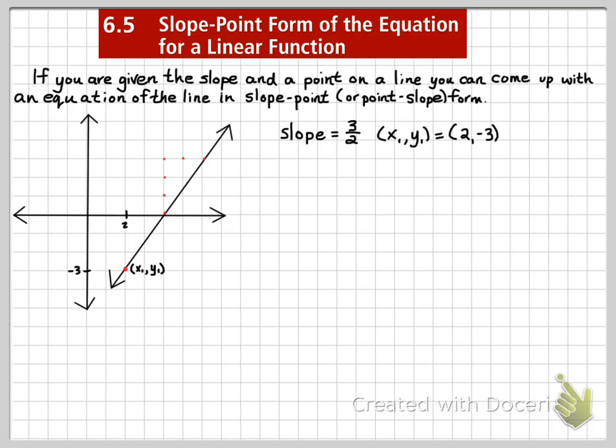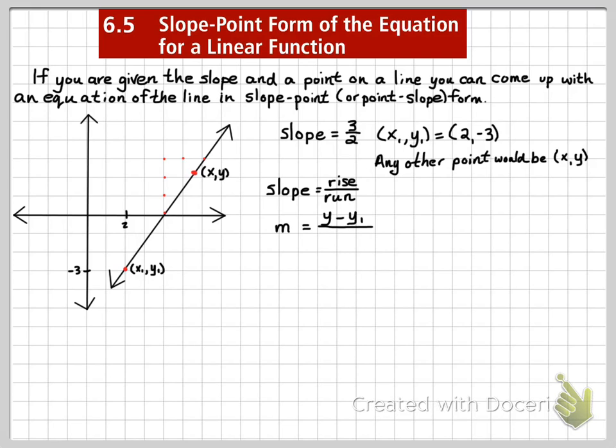Now that we have a point and we have a slope, we can say that any other point would be some point (x, y). Knowing this, we can use the slope as the rise over run, as y minus y1 over x minus x1. That's our slope formula.